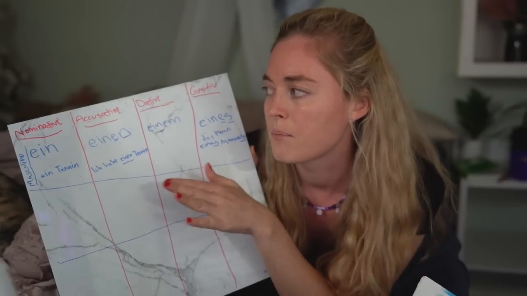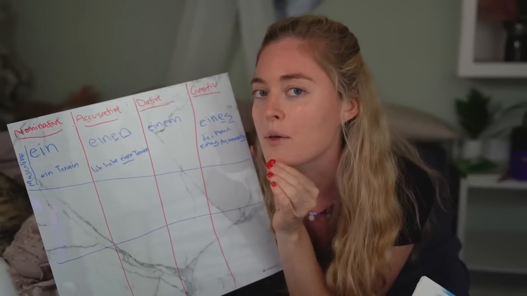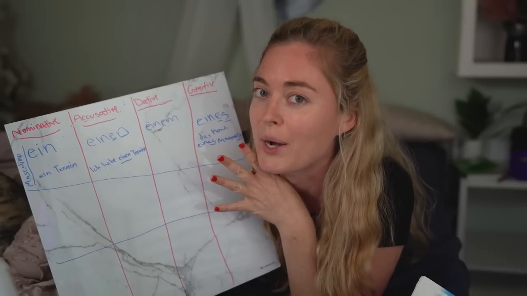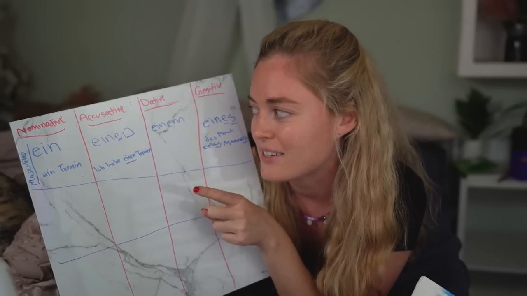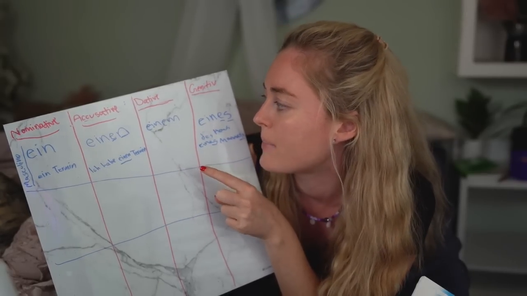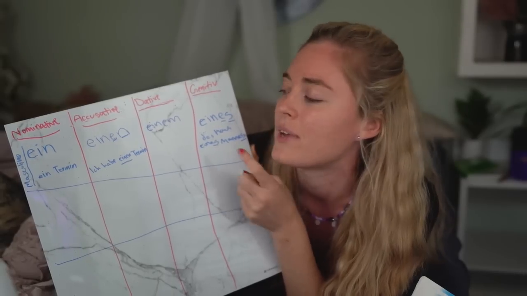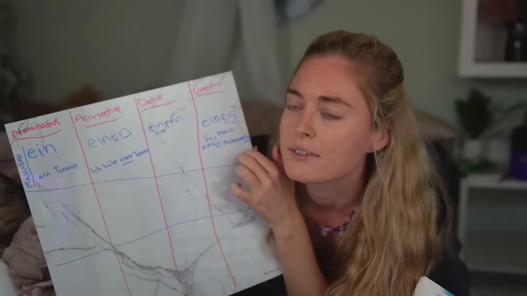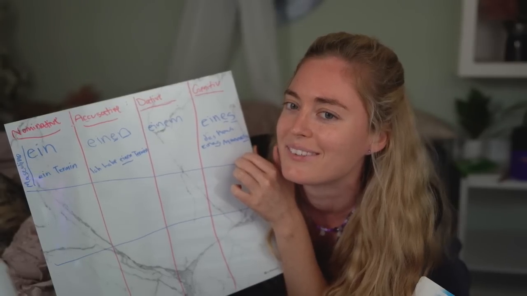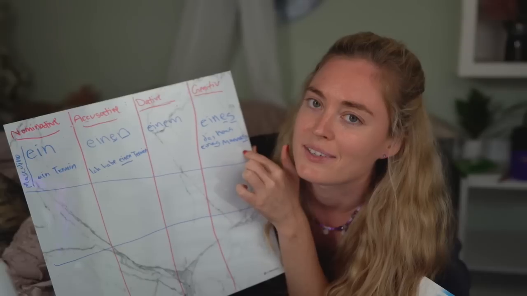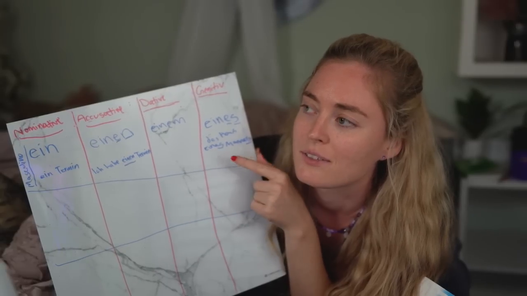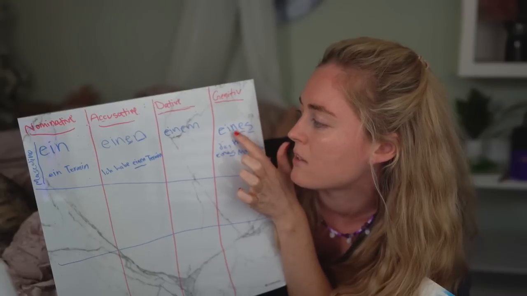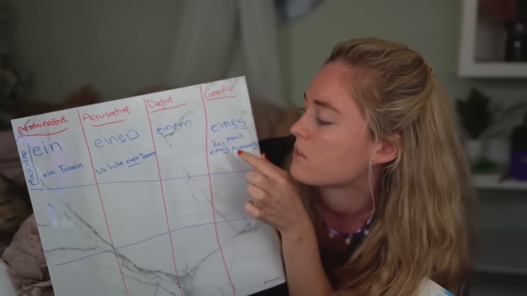So yeah, how to say a with masculine nouns in the four grammar forms in German is ein, einen, einem, eines. And then you add an es to the noun, I think. That's important because genitive is more complicated: you have to do two things, not just change the unbestimmte Artikel, the ein, you have to also change the noun.